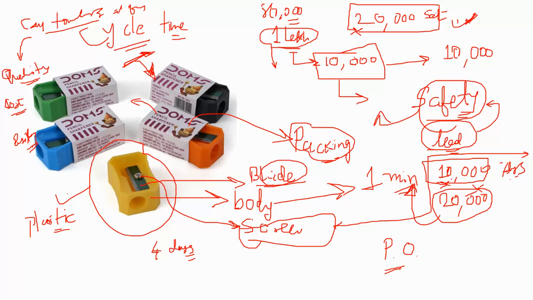This should not happen. So this is also part of customer satisfaction: you provide quality services and quality products at the time the customer requires. So this is the ultimate aim.